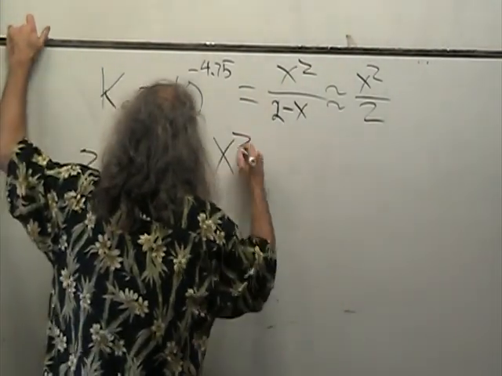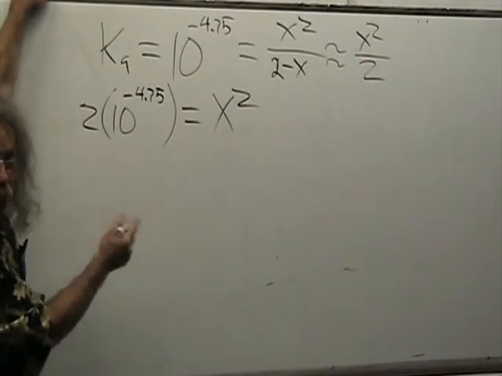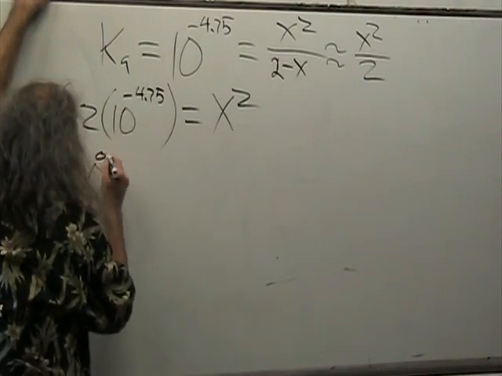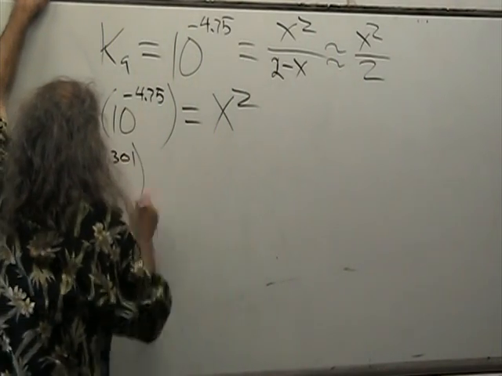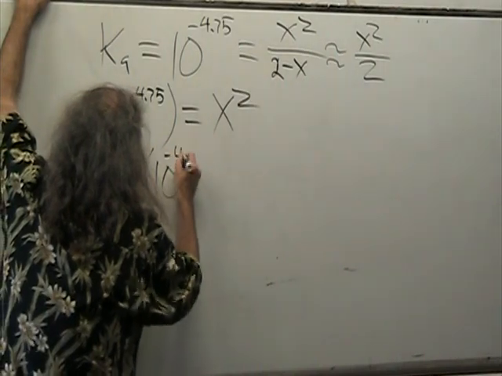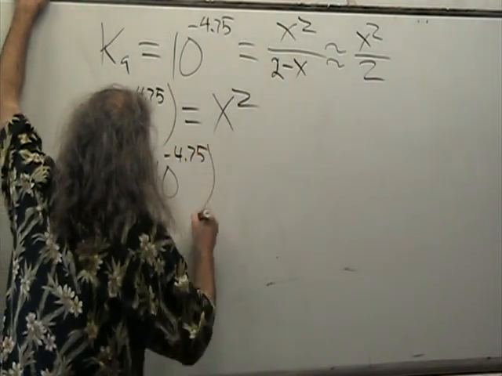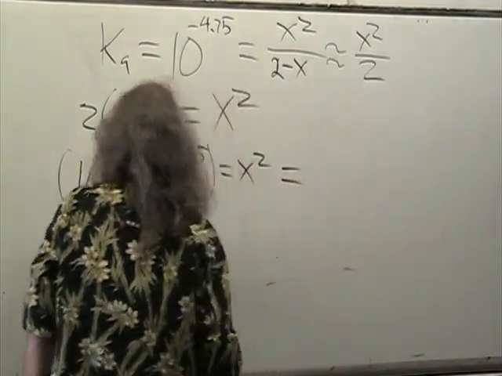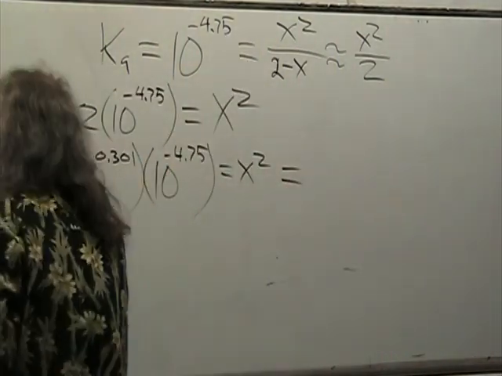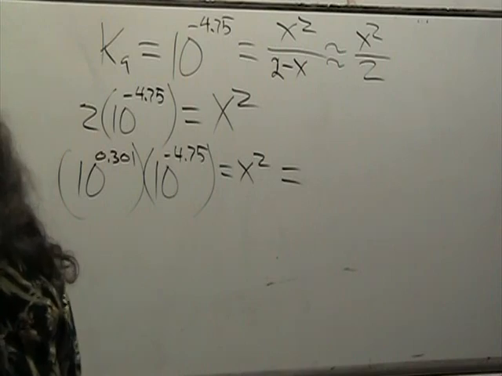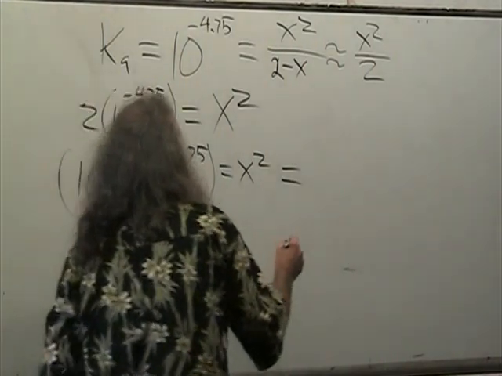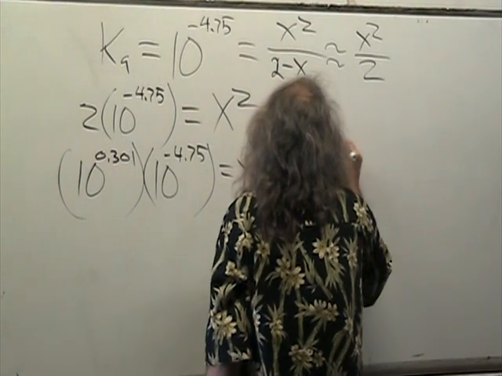equal to x squared. And so now I just rewrite this. What's 2? 10 to the 0.301. Equals x squared, and now I just have to add this together, which we have already done over there, which is 5.051, equals 10 to the minus 5.